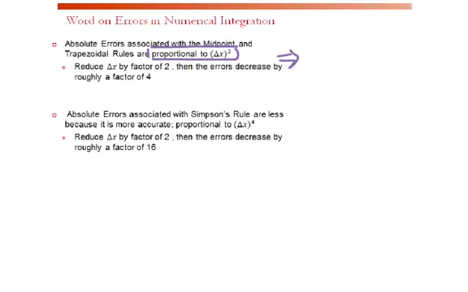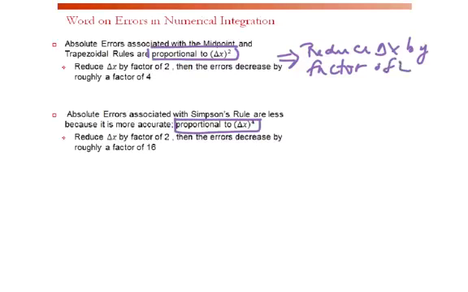And for Simpson's, if you reduce delta x by a factor of 2, the errors are going to decrease by a factor of 16. So that is proportional to delta x to the 4th. Right? So let me quickly summarize that. You're going to reduce delta x by a factor of 2, and that is going to result in the errors decreasing by a factor of 4.